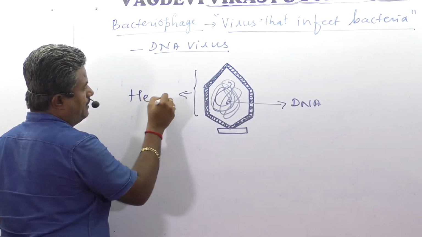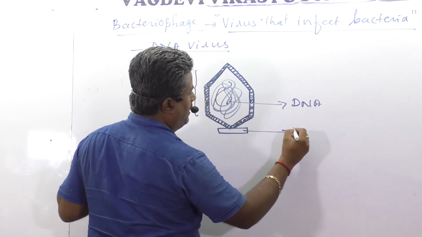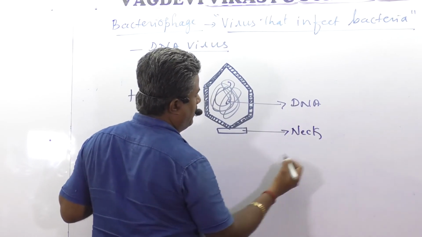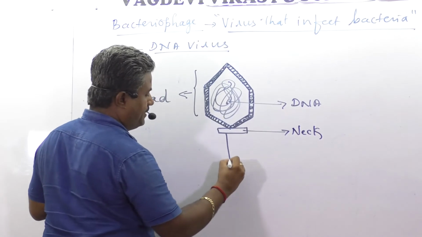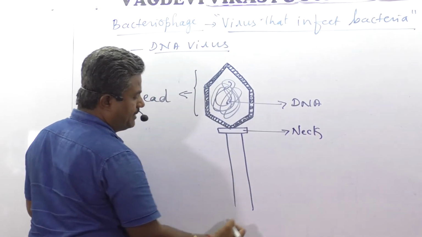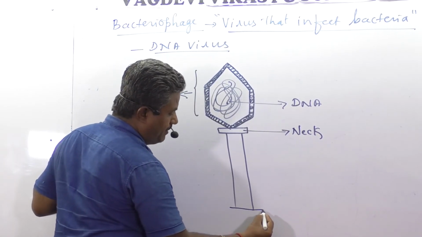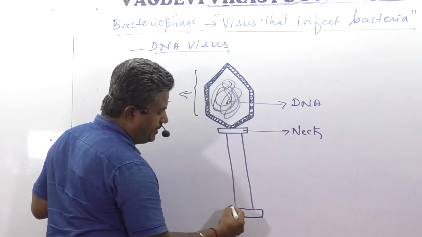This is the head part. This is the neck, and this is a cylindrical shape structure, the middle region, and this is the basal plate.